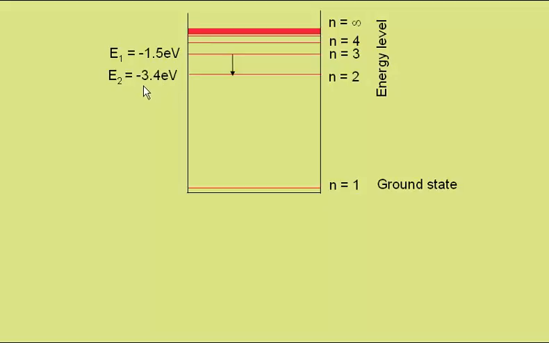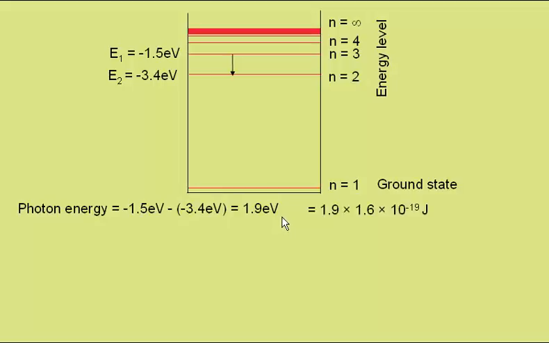N equals 2 at minus 3.4 electron volts. So the photon energy is going to be the difference between the amount of energy it has here and the amount of energy it has here, which is minus 1.5 electron volts minus minus 3.4 electron volts, which gives the photon an energy of 1.9 electron volts.